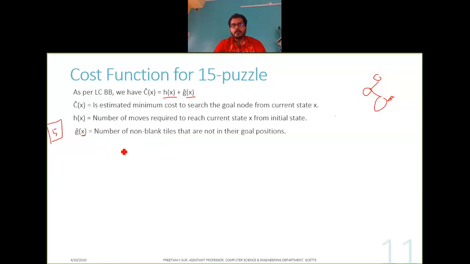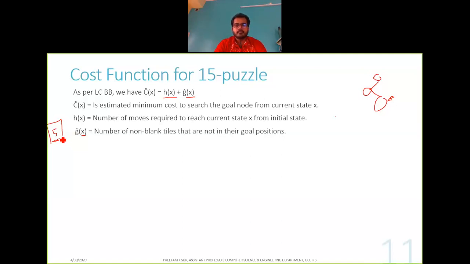This is why the non-blank tiles that are not in their goal position are chosen as the estimated cost function. In this example we need at least five moves. The number of moves may be greater than that, depending on the case. But if n tiles are misplaced, we can say that at least n moves are required. It may be greater, but at least n will be required.